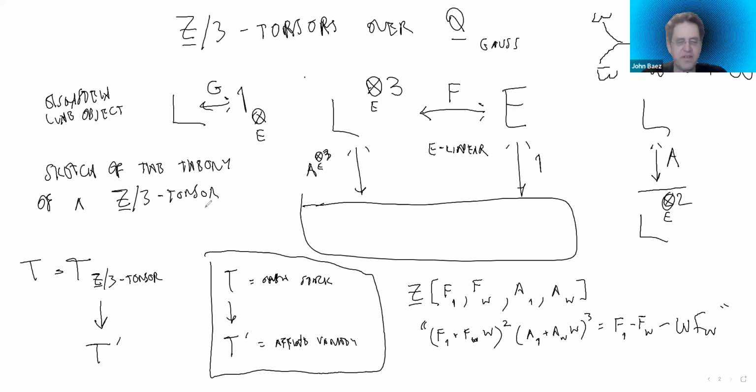So if what you're saying is right, let me try to say it in a very humdrum, pedestrian way. We would like to understand this, I'm going to call it a 2-rig or theory of Z mod 3 torsors over the rationals.